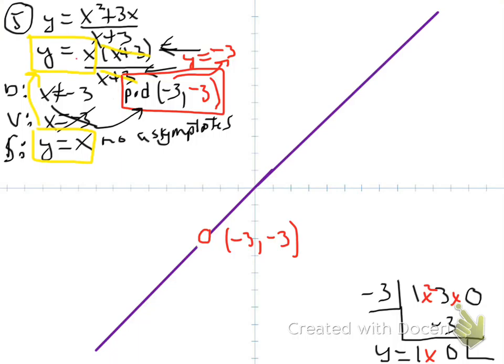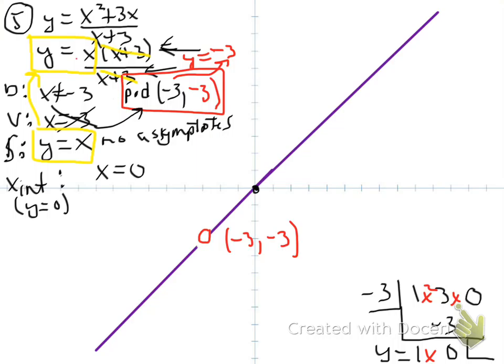Okay, and then we got the x-intercept. Well, I already know what it is. It's (0, 0), but okay, you want to go through the process. So you want the top equal to 0. The top was x, equal to 0.